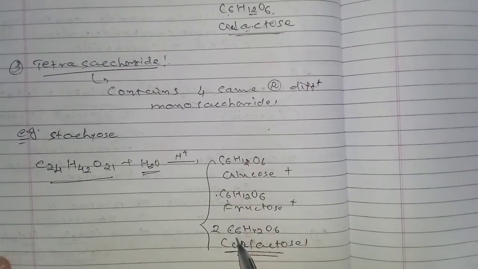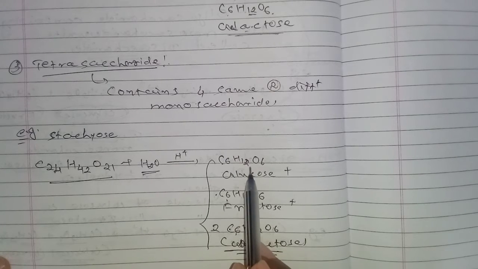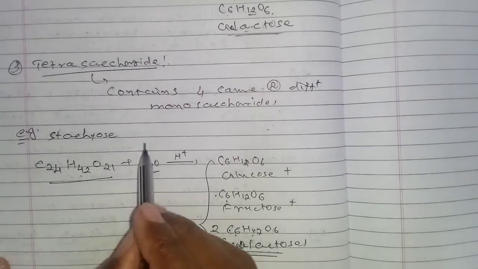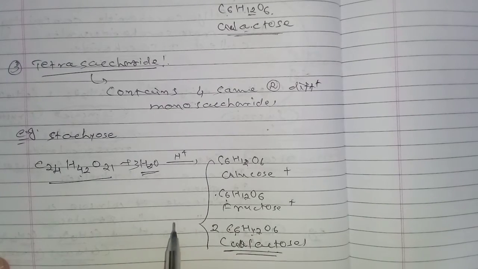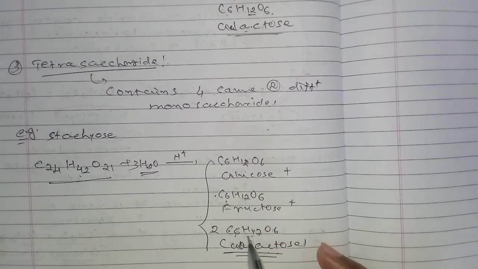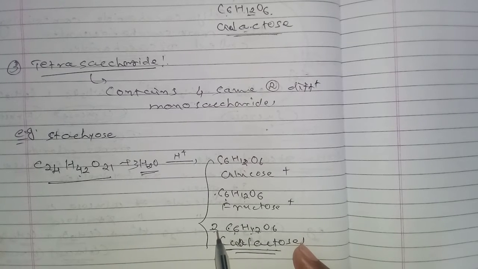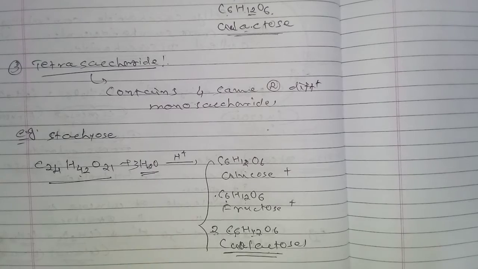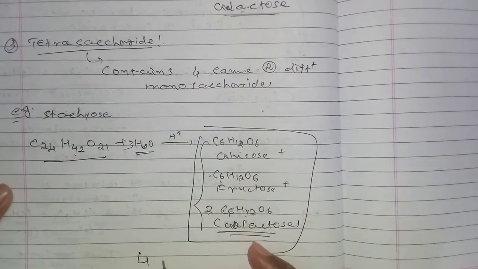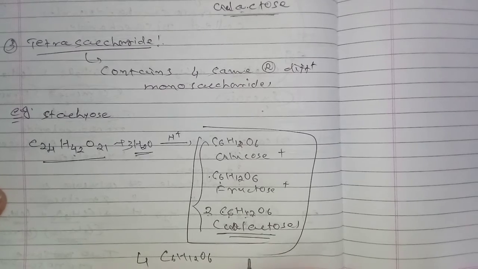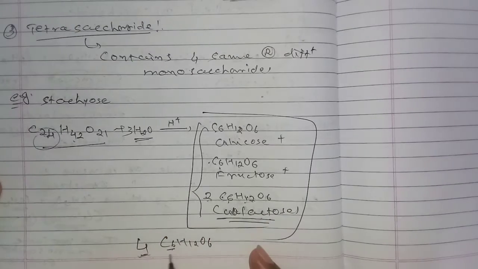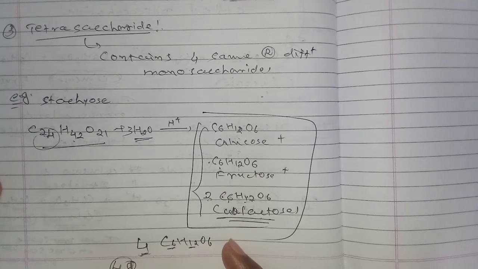Here 24 of carbon. In simple calculation, 4 moles of C6H12O6: 6 multiplied by 4 is 24, and 12 multiplied by 4 is 48 of hydrogen.